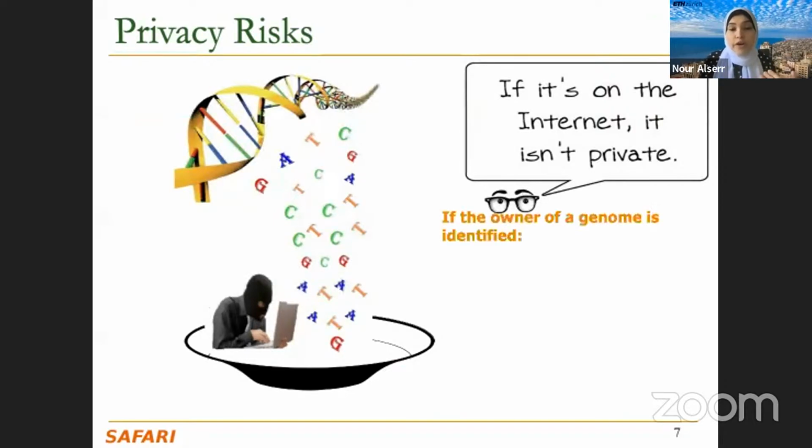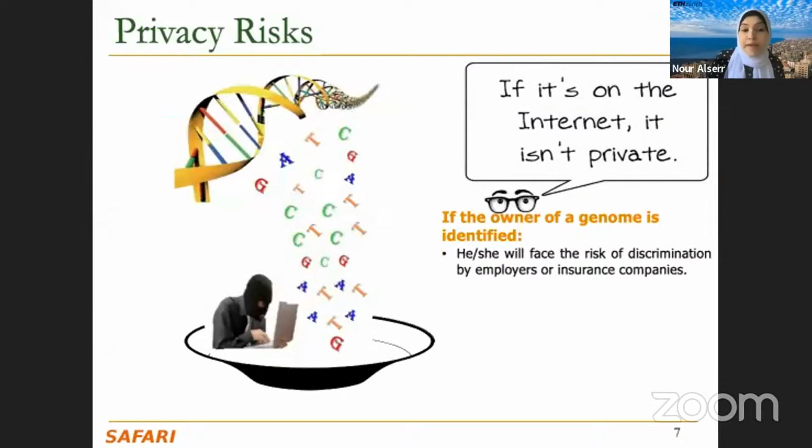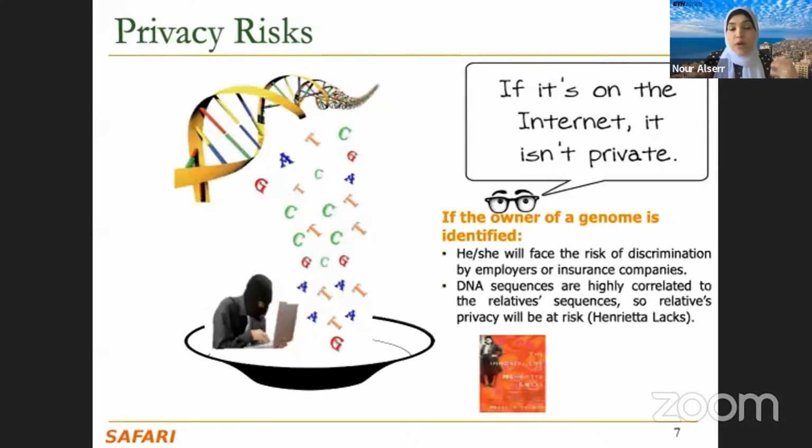What are these risks? For example, if the owner of a genome is identified, then he or she will face the risk of discrimination by employers or insurance companies. Here we are talking about this information as financially valuable, all right? And also, as we know, DNA sequences are highly correlated.